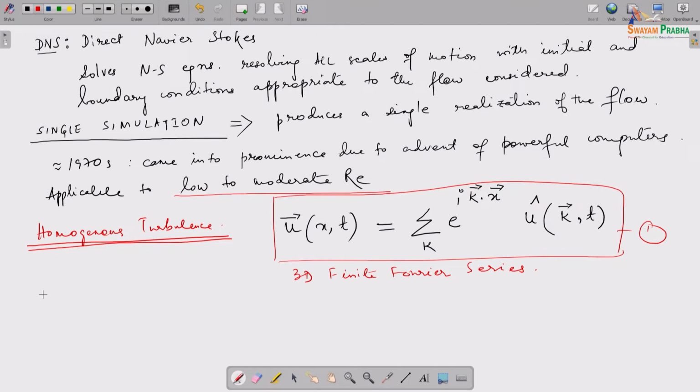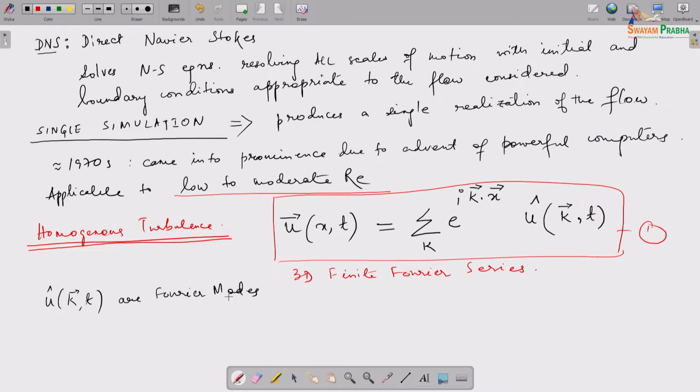Okay. All right. So here, these are Fourier modes.